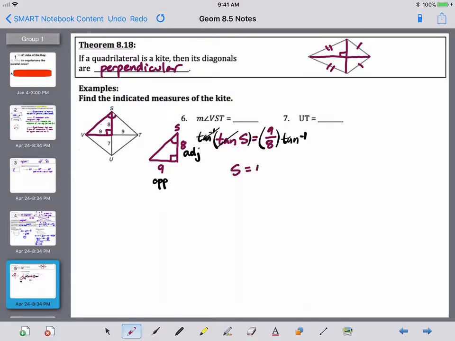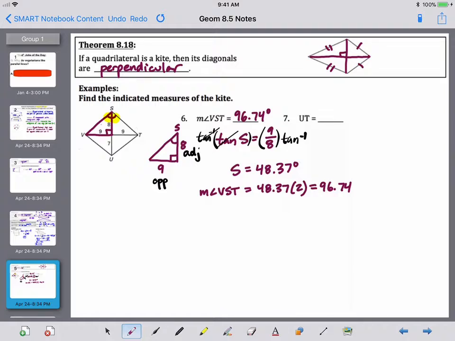If you plug that into your calculator, you'll get about 48.37 degrees. So that's just this angle right here. To get the whole angle VST, we take that 48.37 degrees, double it, and we end up with 96.74 degrees. So that's going to go right in here for example 6.